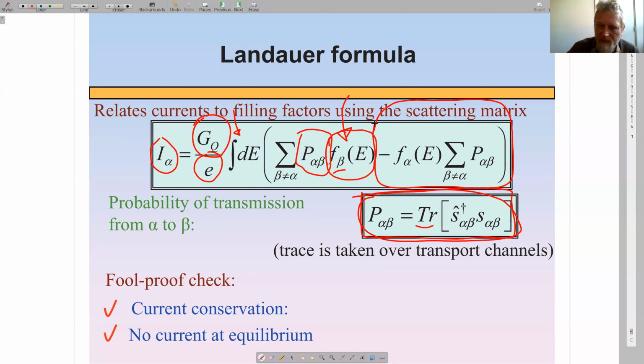It also contains probabilities, eventually the same probabilities, but the filling factor is the filling factor of the same lead. And it comes with a minus sign. So what is this? How can one explain this term?